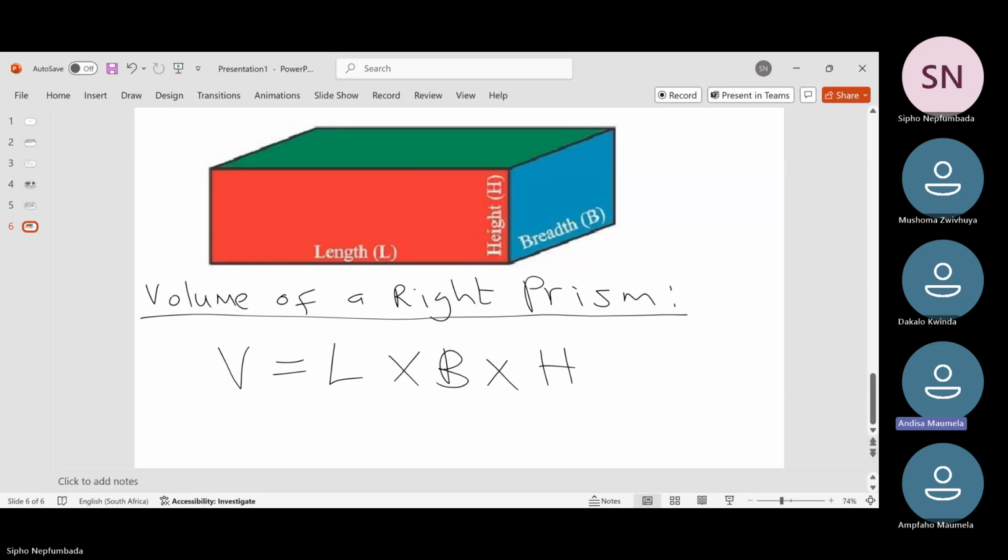Since we're finding the volume, and the rectangular prism has 6 sides, why don't we just say 6L times 6B times 6H, multiplying all the sides?